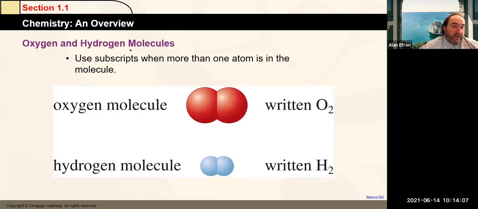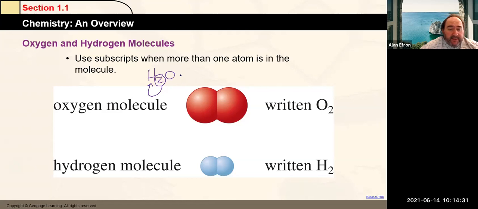So when we write formulas in chemistry, for example, looking at water, H2O, we use subscripts to indicate how many atoms of that particular element are there. The subscript always goes to the element to the left of it. So this would tell us that we have two hydrogen atoms.